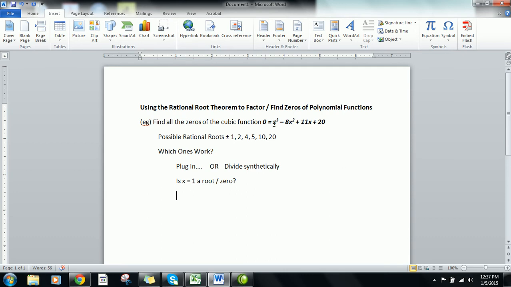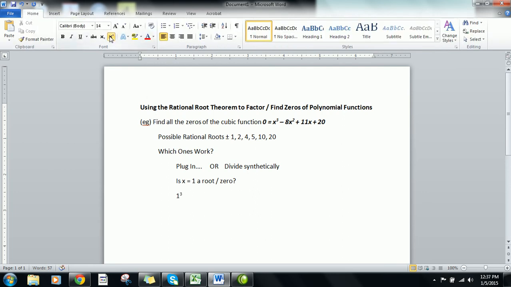So the question is, when I plug 1 in for x, I get 1 cubed minus, I'm just plugging in a 1 every time I see an x, 8 times 1 squared plus 11 times 1 plus 20, right?